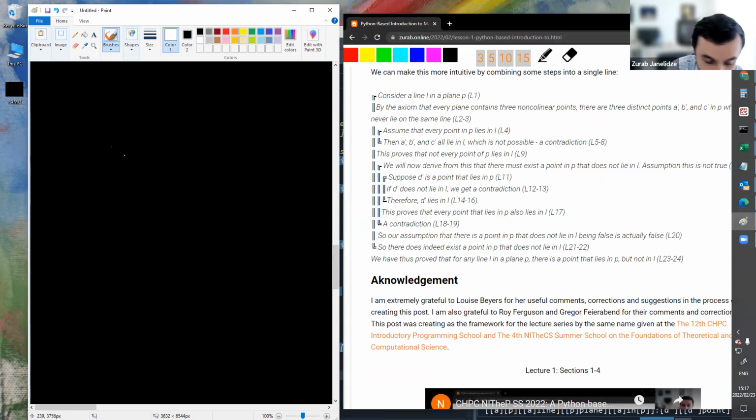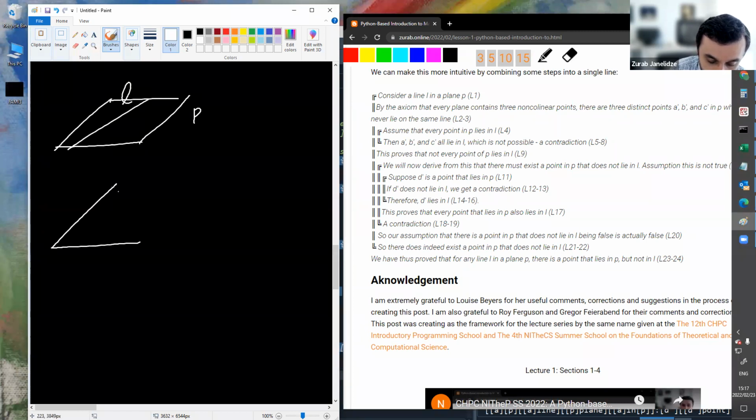There we are. So we started with a plane P, a line passing through it L, and then in the second line of the proof. So this was the first line of the proof. Let me still label the lines of the proof. Oh, it is actually labeled already. Here we have labels, so we don't have to label them separately. In the first line of the proof, we have this setup.